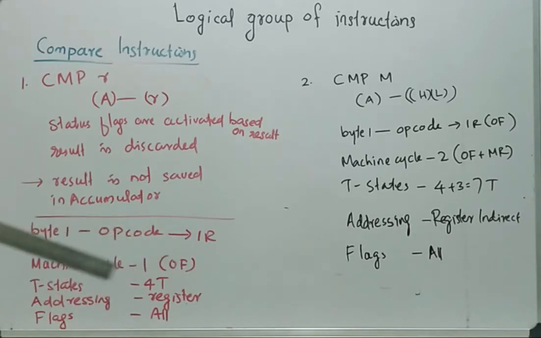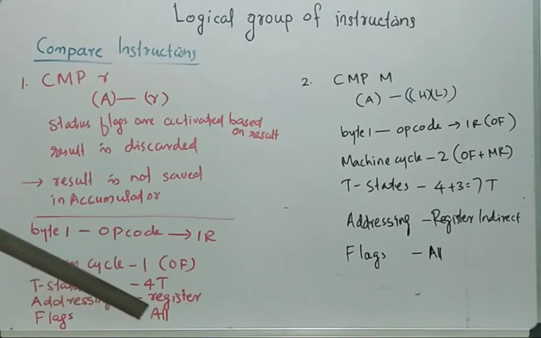For opcode fetch, the number of T states required is 4. Data for the operation is available in one of the general purpose registers. The addressing mode is register addressing mode. All flags are set or reset based on the results of this operation.